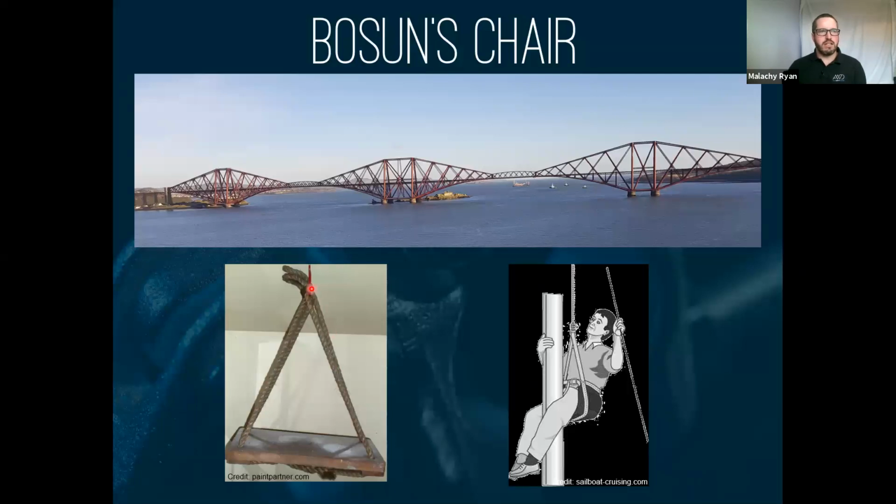And then that is your primary means of access. This has been used extensively over the course of the 20th century and before that in shipbuilding and in bridge access. And the majority of the maintenance work that was completed on the Fort Rail Bridge over its lifetime has been completed on a system as basic as this.